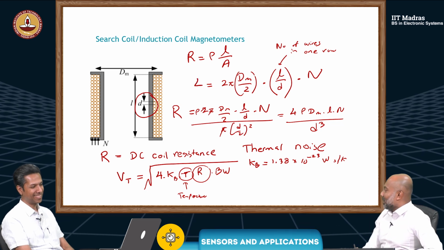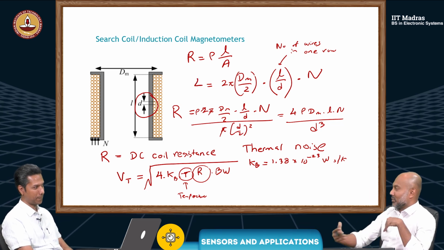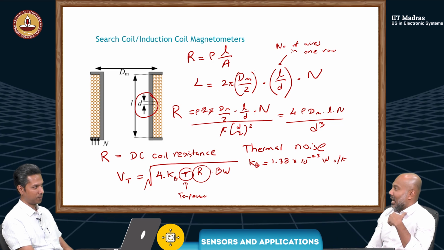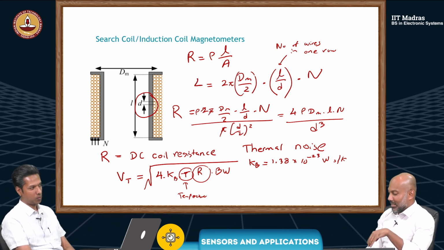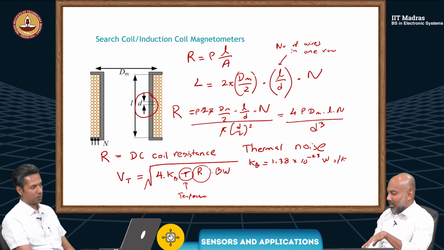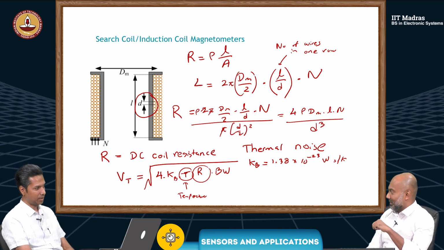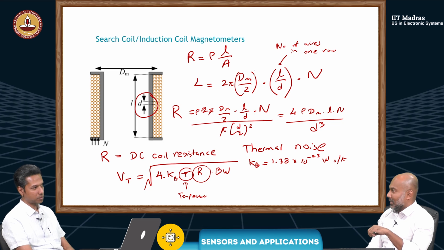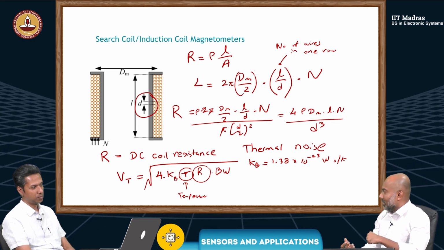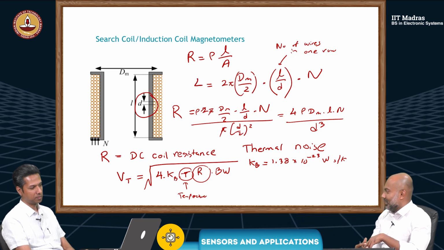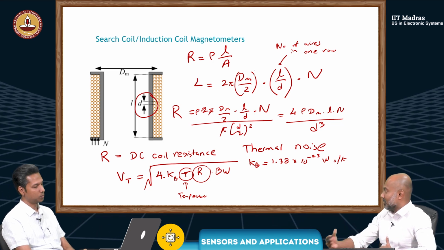I believe because the search coil is used in so many different applications, you can probably only play with the bandwidth and R. I don't think temperature is something you can control that much if you're using it in a wide variety of applications.